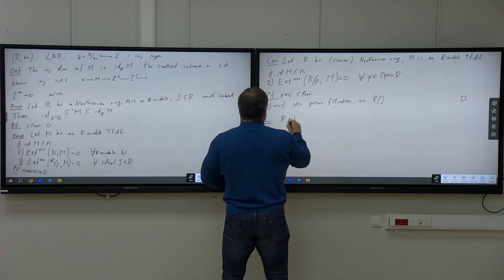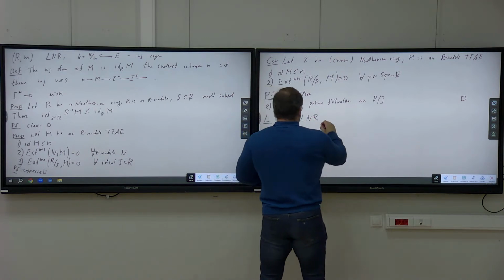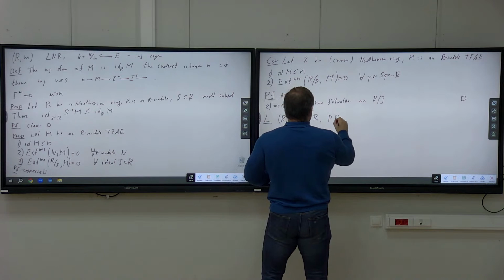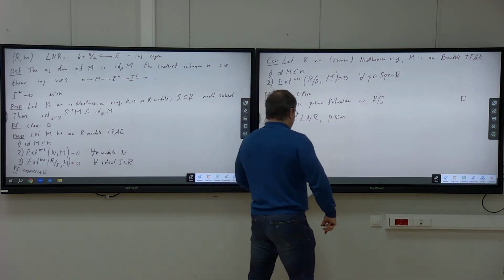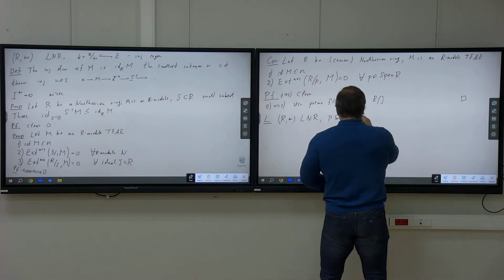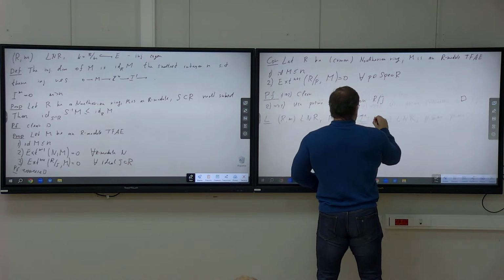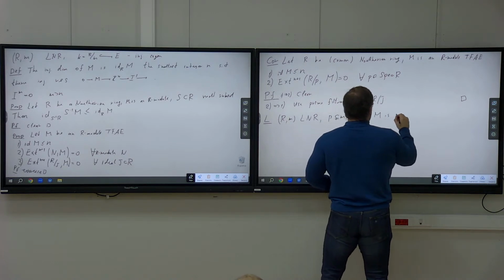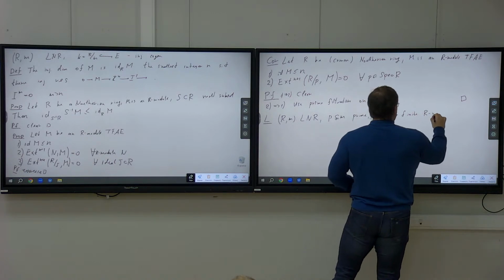So let's take a local Noetherian ring R with maximal ideal M. Let's take a prime ideal P that sits inside M, but is not M, so it's smaller than M. So this is prime. And M is a finite R module.